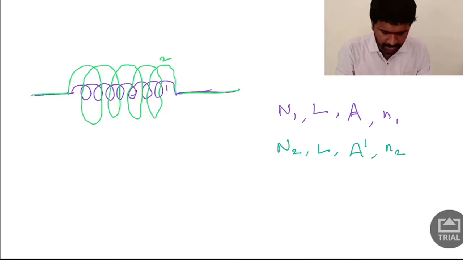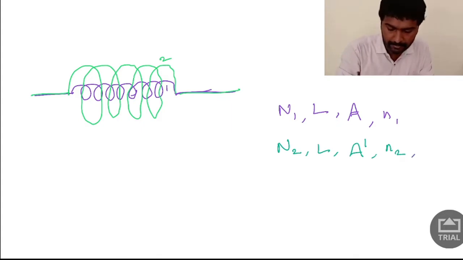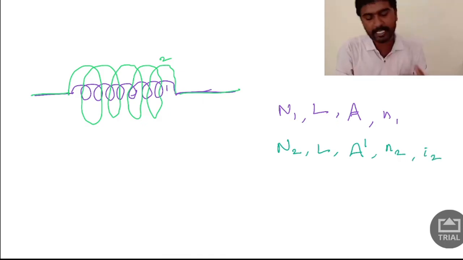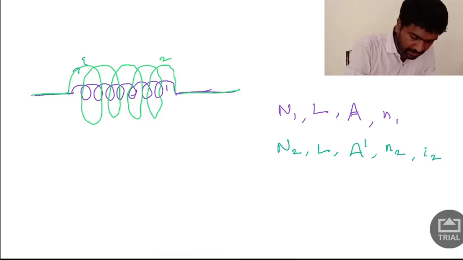So now what I am doing, I am establishing current, let us say I2, in the second coil first.